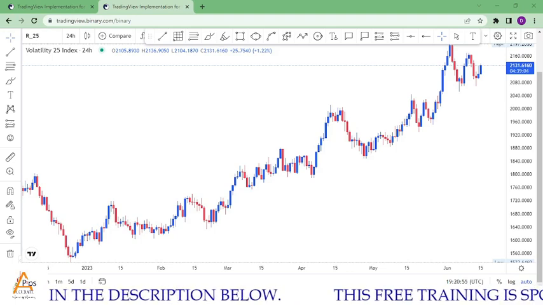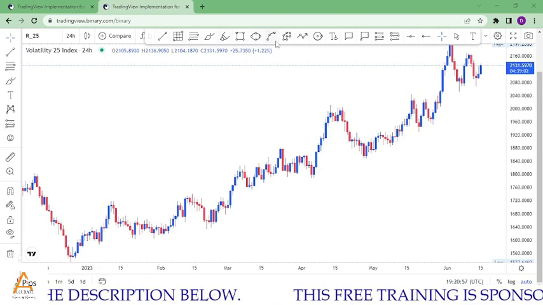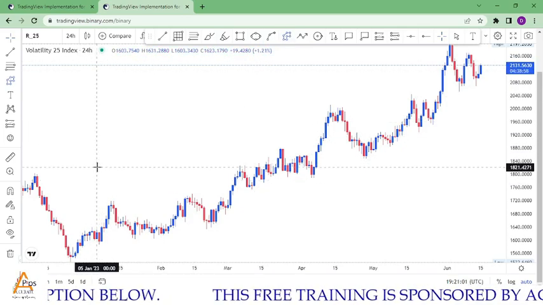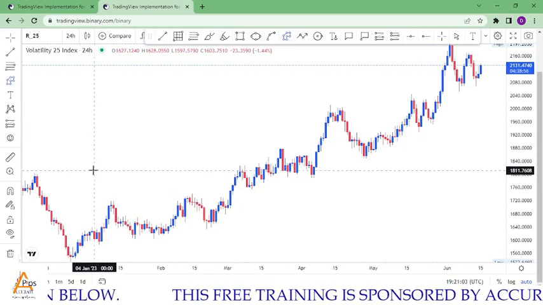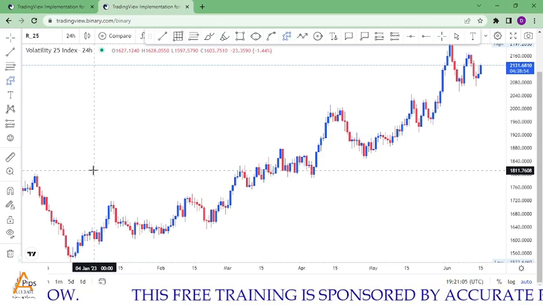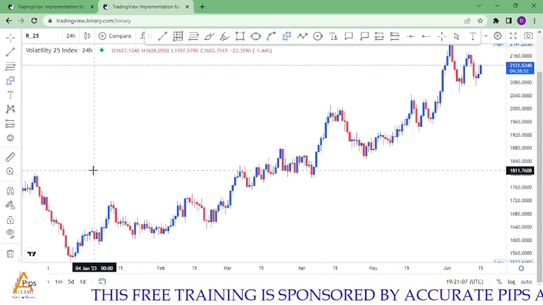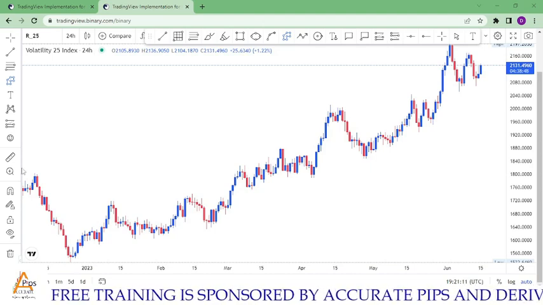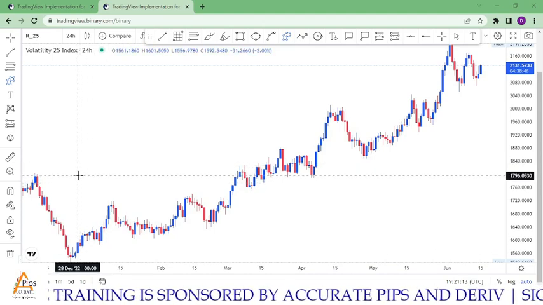So let's look at what the bullish market is. Just follow from here. When we talk about a bullish market, we are looking at a market that is trending upward. Let me use this to demonstrate.